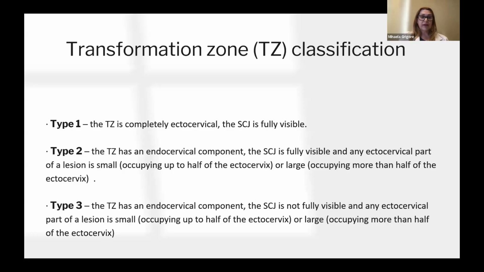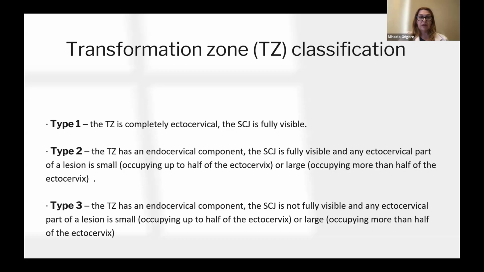The other one is type 2, when the transformation zone has an endocervical component, but the squamocolumnar junction is fully visible and any ectocervical part of the lesion is small. And the last type is type 3, when the transformation zone has an endocervical component, and unfortunately the squamocolumnar junction is not fully visible. We can see it, but not fully.